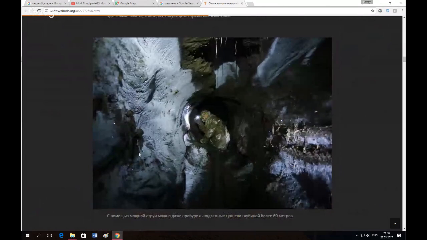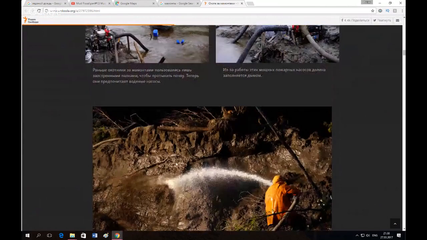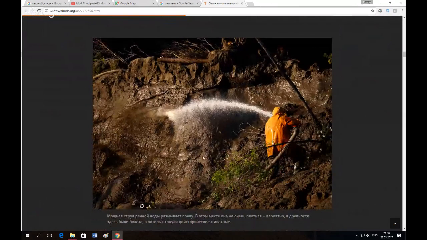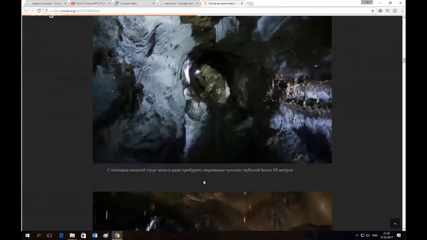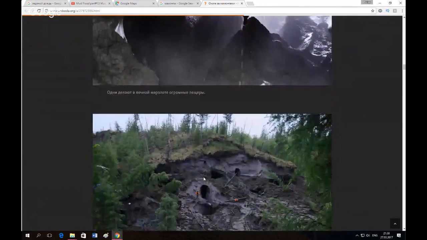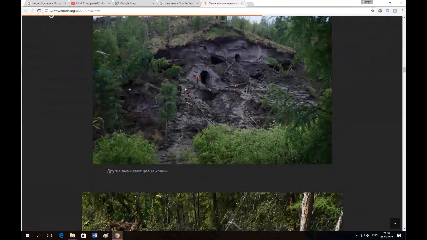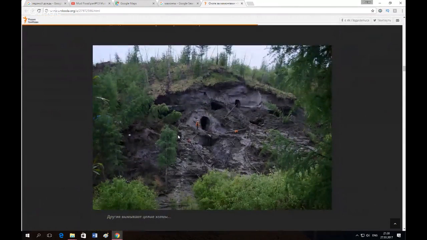But as you can see, this is not very deep from the surface, so here probably the bodies already did dissolve. But in this type of thing, definitely this is a huge iceberg of mud.